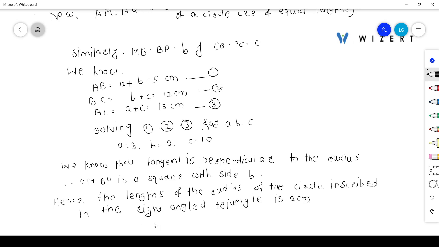So it is 2 centimeters. So from the available options we have option A as 2 centimeters.